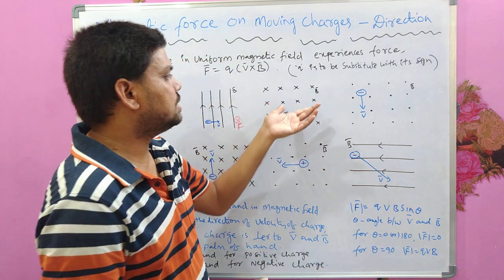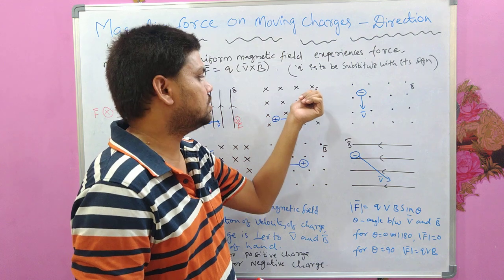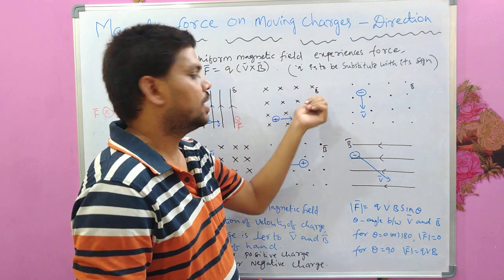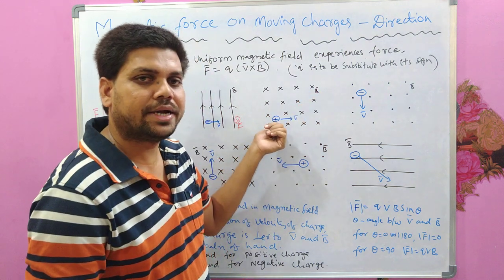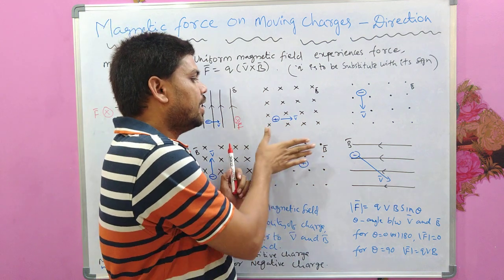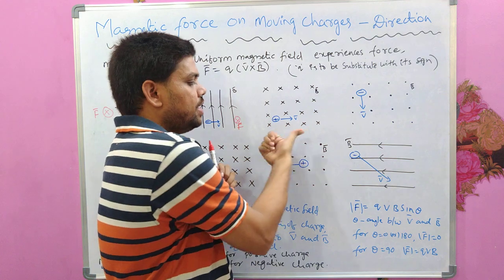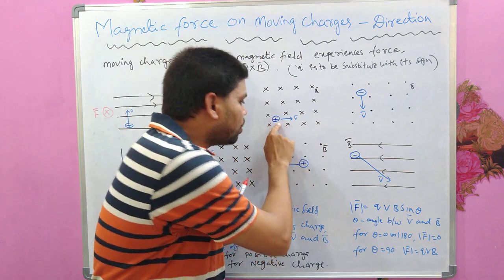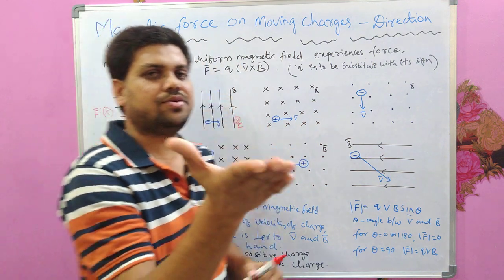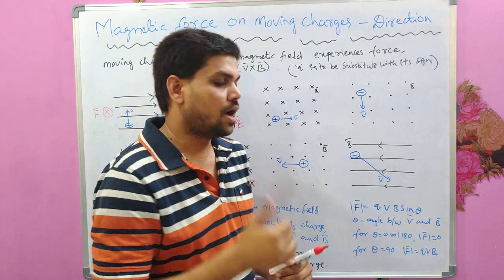A magnetic field is inwards, the cross symbol, and the positively charged particle is moving at right angles to the magnetic field direction in this way. Since it is a positively charged particle, use your right hand. How to use?